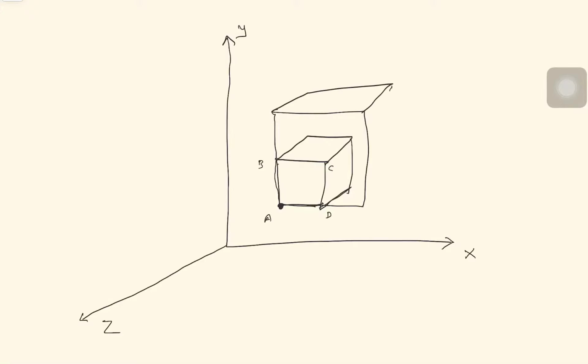So I fix that point A and scale or resize that object. This is fixed point scaling, got it? And the fixed point of this 3D object is point A. So this is the figure of fixed point scaling.